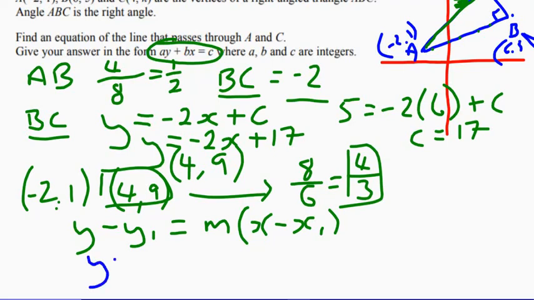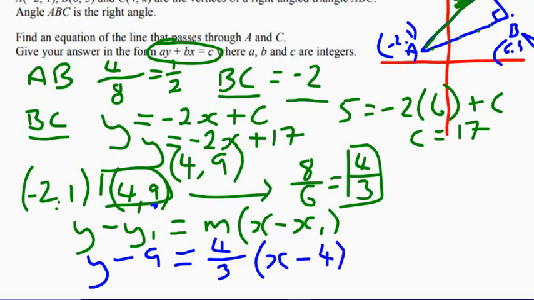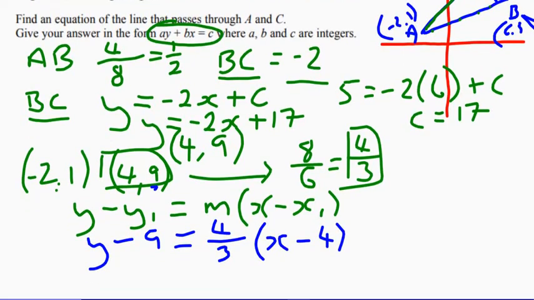So we get y minus 9, that's the y ordinate, equals, what do we got? We got 4 over 3, and then x minus, and the x value was 4. Now, just a little bit of work left with this.